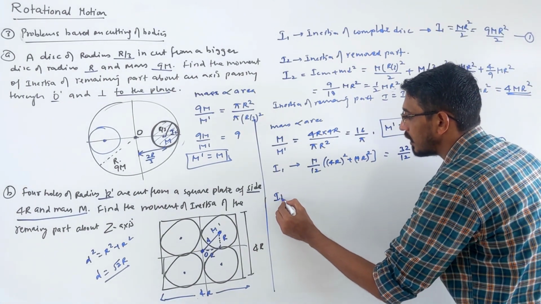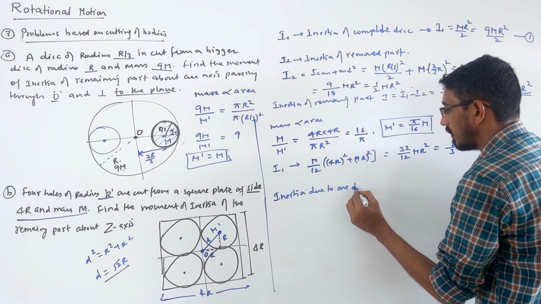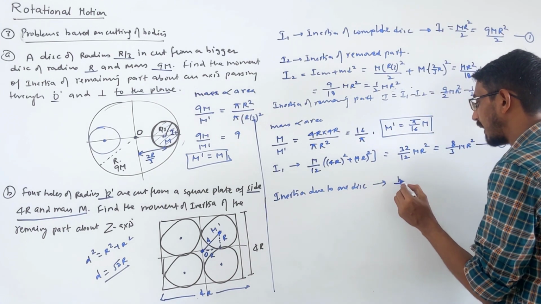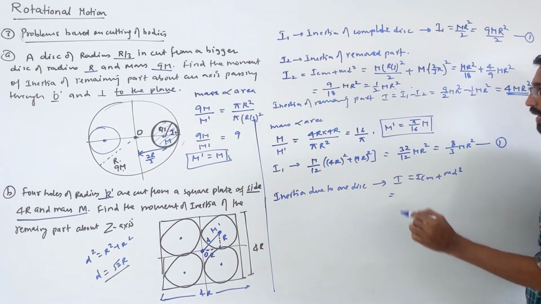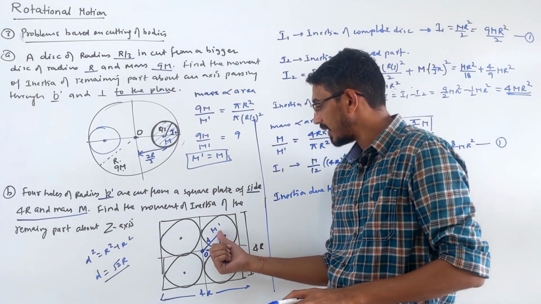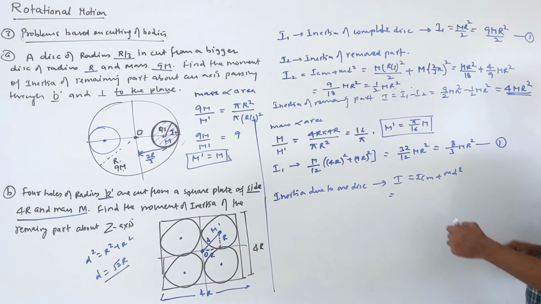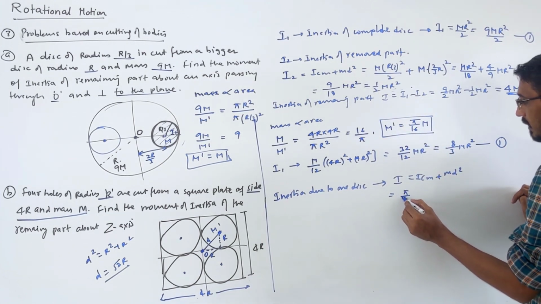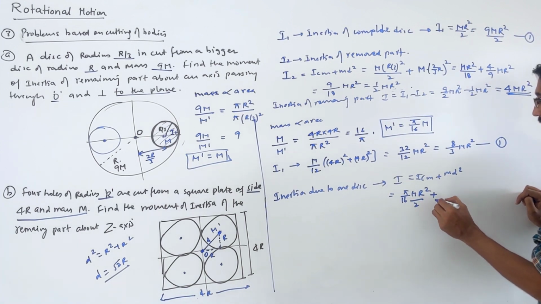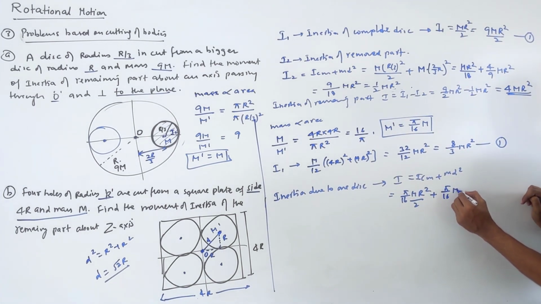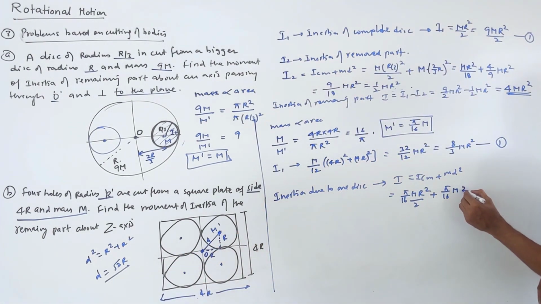Now I am writing the inertia due to one disc. Applying the parallel axis theorem, I equals ICM plus md square. ICM, the inertia about the center of mass, is mr square by 2, where m is pi by 16 of m. Plus md square, which is pi by 16 of m times d square, and d is root 2 r, so d square becomes 2r square.